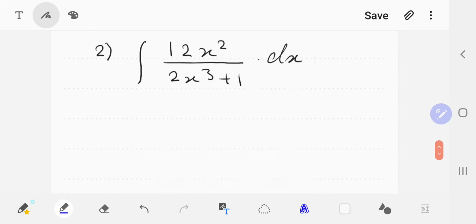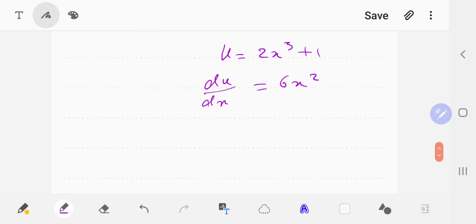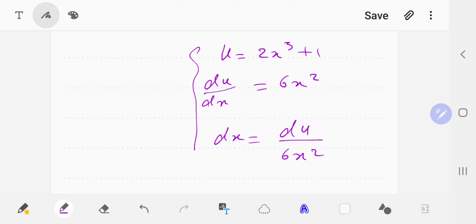u will be equal to the denominator, so 2x cubed plus 1, and then you need to divide: du is 6x squared dx, then dx equals du over 6x squared.